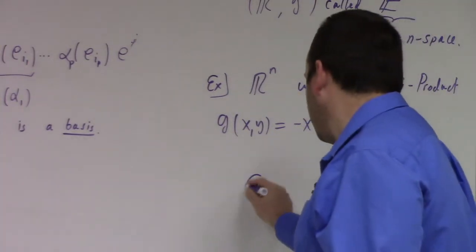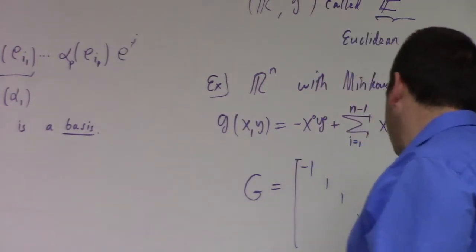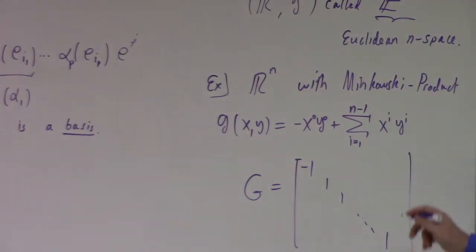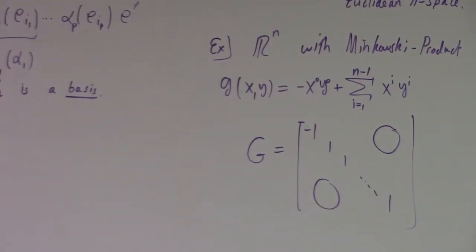So the matrix here looks like minus 1 in the first entry, then ones down the rest of the diagonal, and zeros elsewhere. So Rn paired with this metric is known as Minkowski space.